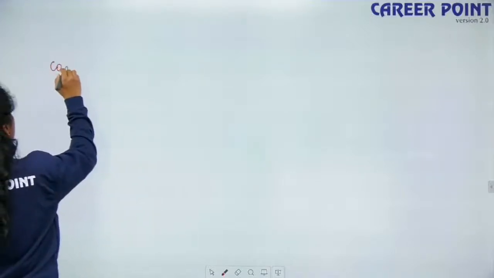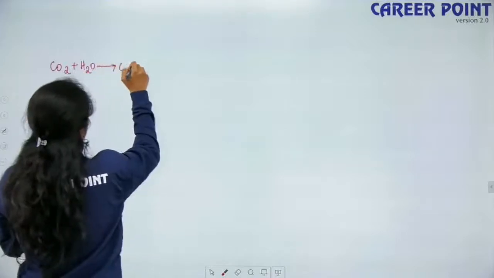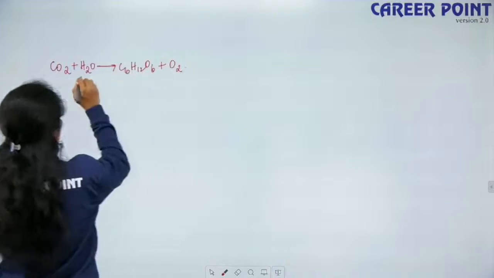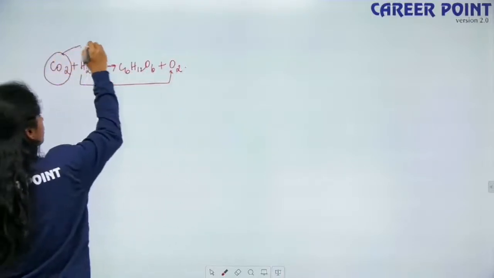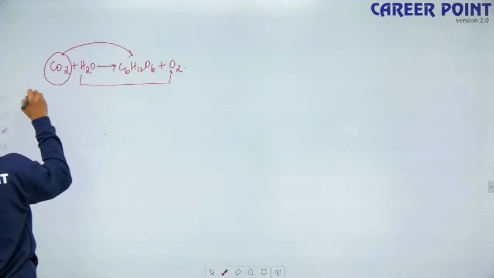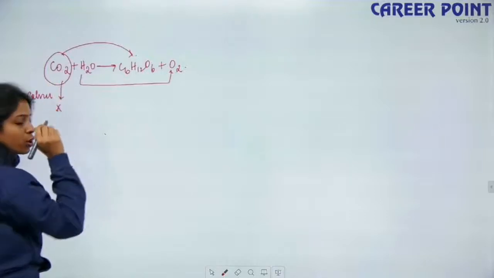So now carbon dioxide plus water. We know water gives oxygen. So someone has to work with the carbon dioxide to give us glucose. So Calvin said someone is accepting the carbon dioxide. We do not know yet whom.